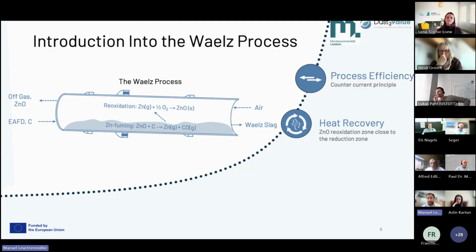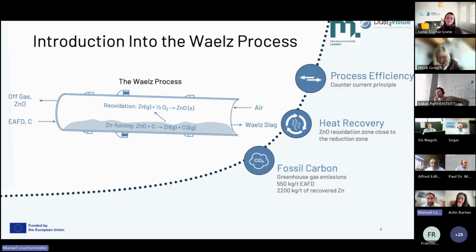You have heat recovery of the reaction. This zinc fuming reaction is extremely endothermic. So having the reoxidation quite close to the reduction zone is important because you can recover this heat within the furnace. But there are drawbacks, and that's why we work on this project.